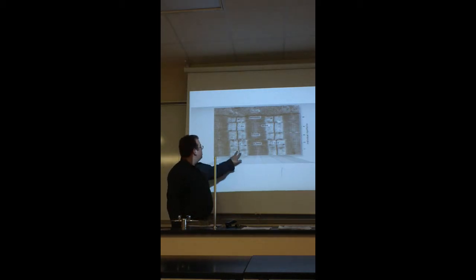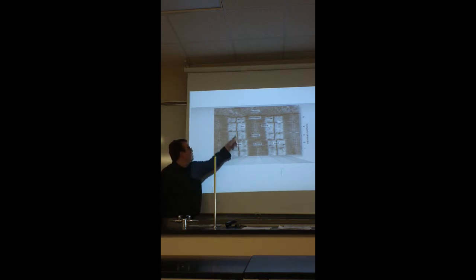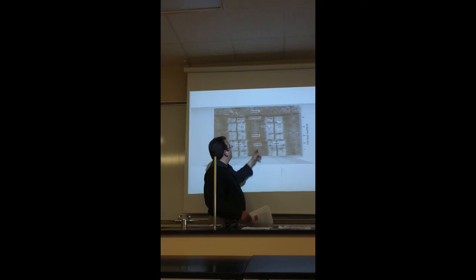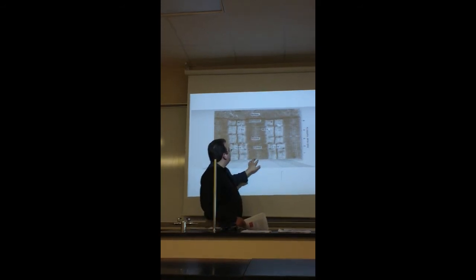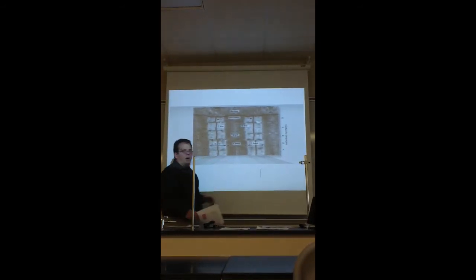Within each I band, or the light band, you'll see this dark line. We call that the Z disc. Within the A band, or the dark band, you'll see a lighter region right here called the H band, and then right down the middle there's an M line. You'll see that in a few minutes. So H band and M line.